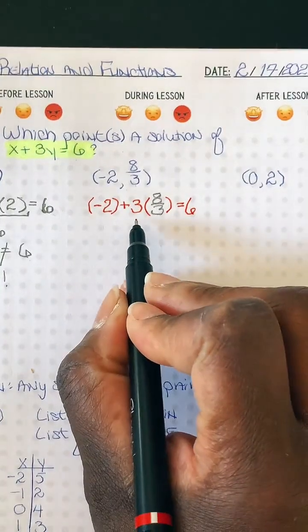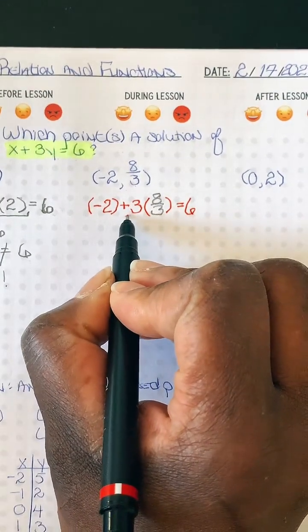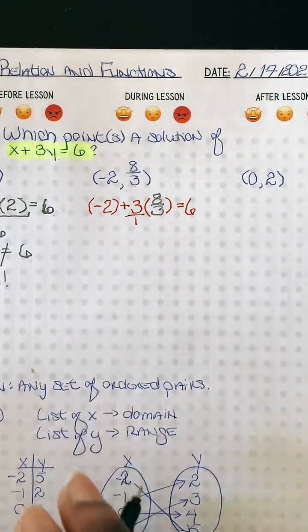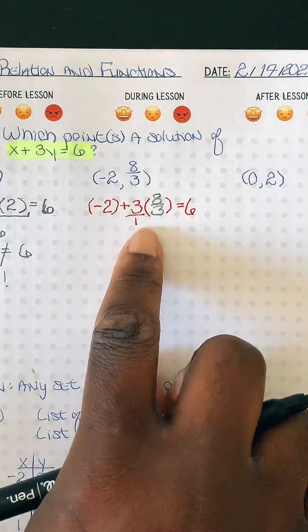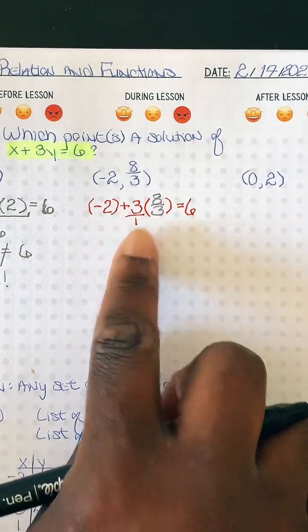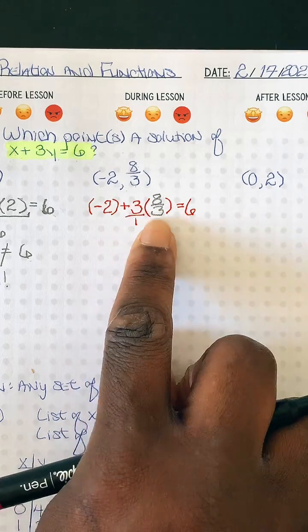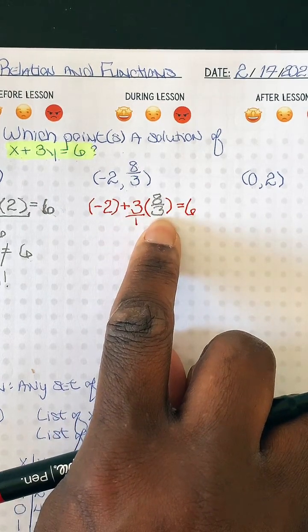When I multiply a whole number with a fraction, we can have the whole number be over 1. If you happened to join us yesterday, we know that we can do what's called cross simplify. So we have this 3 and we have a 3. 3 divided by 3 gives me 1.